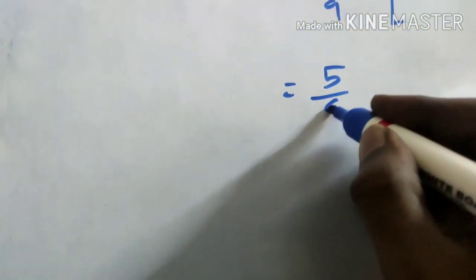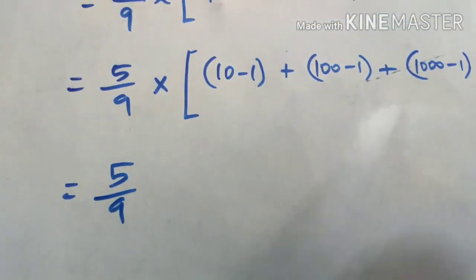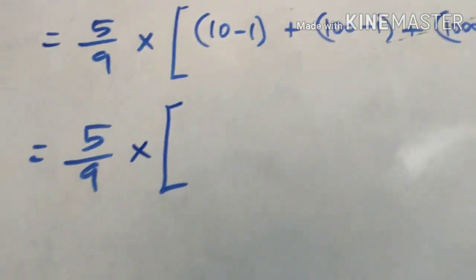Okay, right. Now instead of this, I am just going to write 10 minus 1, 100 minus 1, 1000 minus 1, that's all. Now see here, I am going to group the numbers.